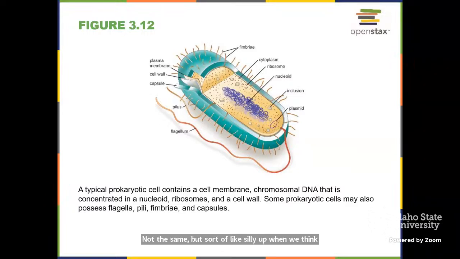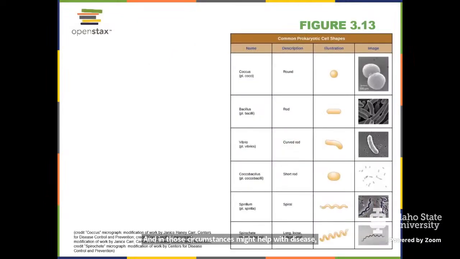And the fimbriae, I think of them in bacteria kind of like Velcro, allowing cells to stick to other stuff, to maybe take hold for attachment. All right. And in those circumstances, might help with disease progression. All right. So handfuls of different possibilities.